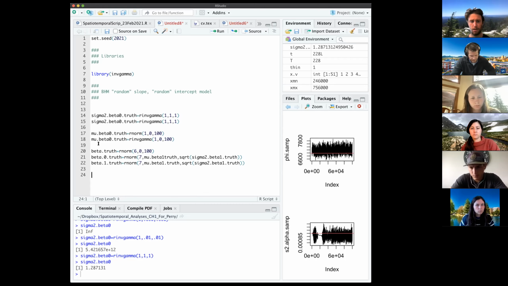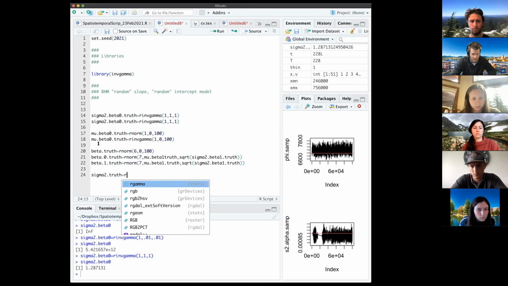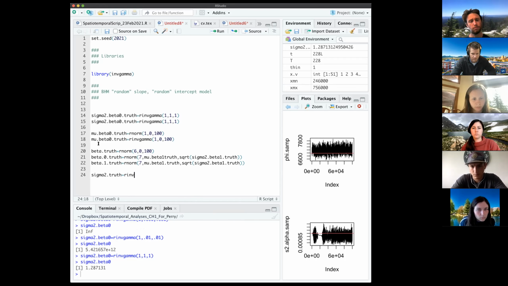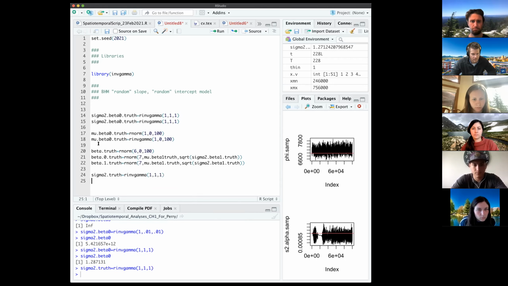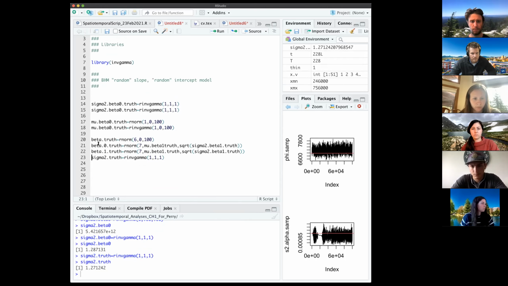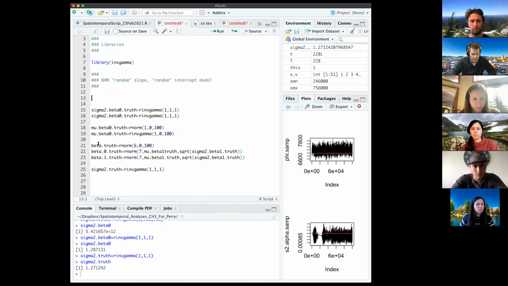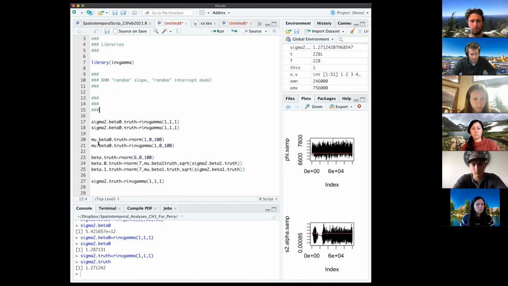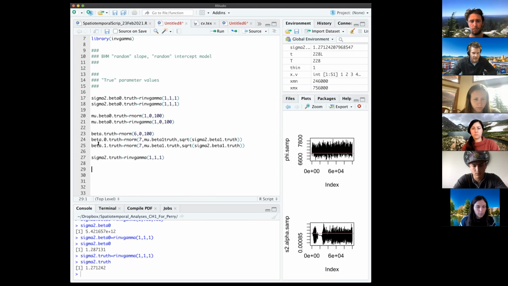We have sigma squared. And now we need our covariate data.